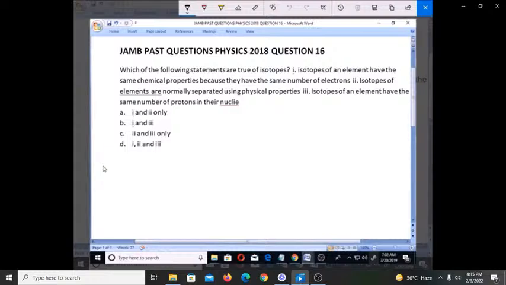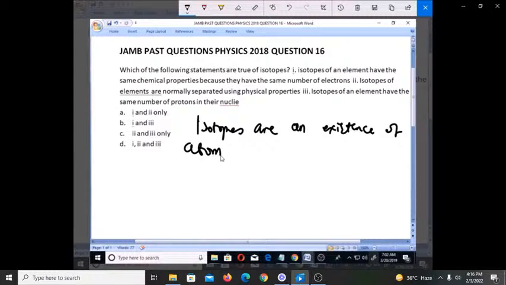Now, for us to be able to appreciate this question very well, we need to know what isotopes are. So what are isotopes? Isotopes is actually an existence, the existence of atoms.